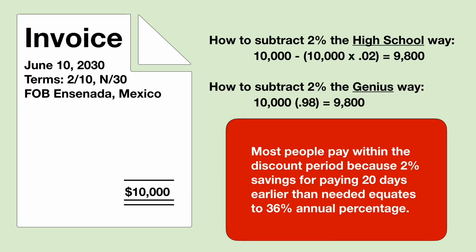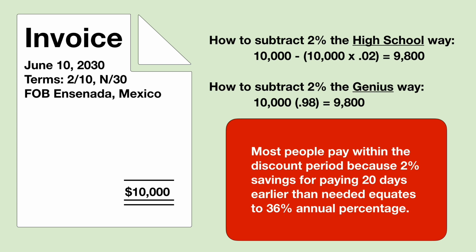Most people pay within the discount period because if you get a 2% discount by paying within 10 days, that means you're paying 20 days earlier than you have to pay. So you're given 30 days to pay, but you're paying within 10, so you're paying 20 days earlier than you have to.